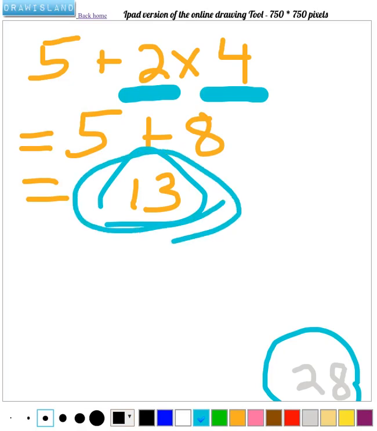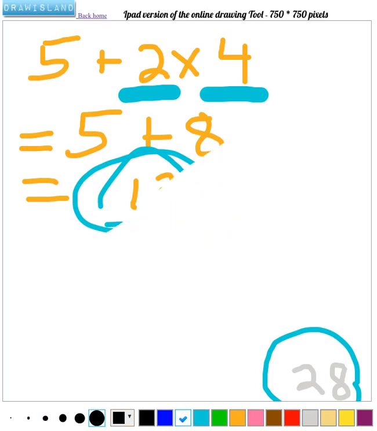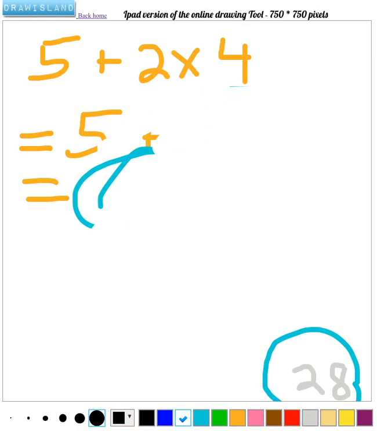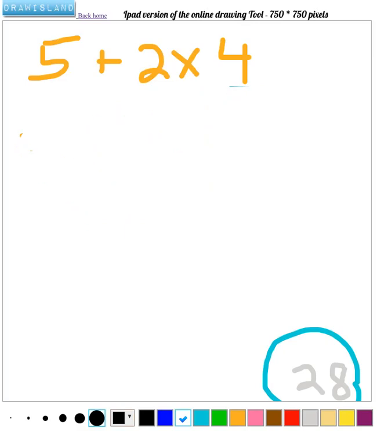This is the order. Let me draw the order of operations for you. I'll keep the equation up there. Here is the order of operations.